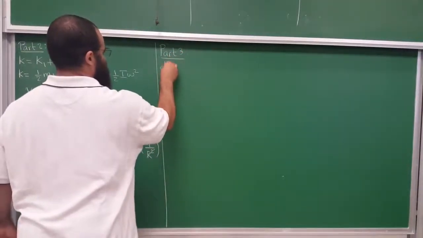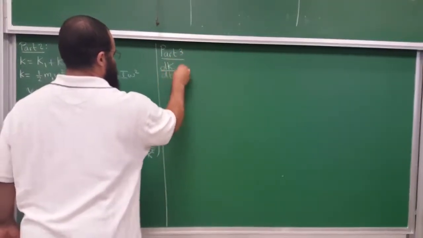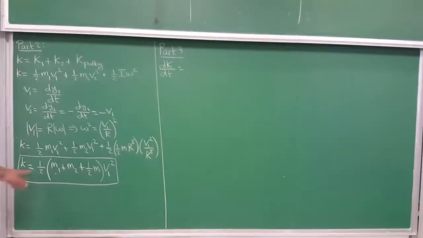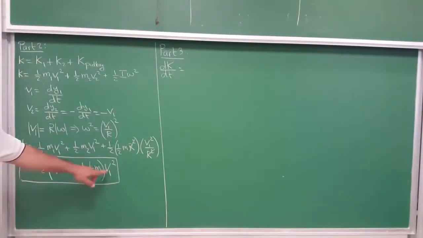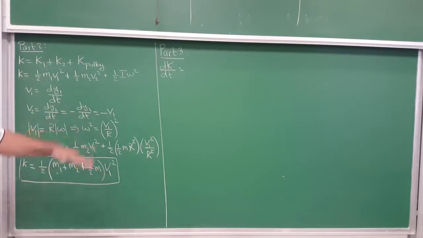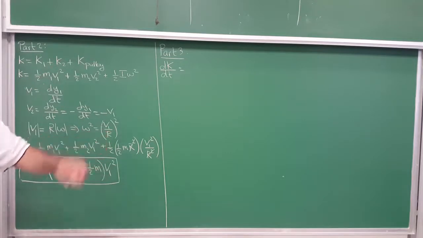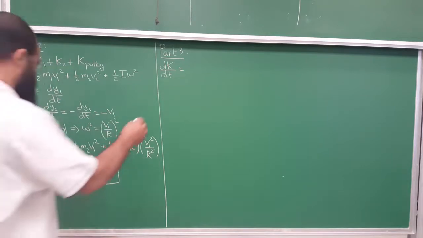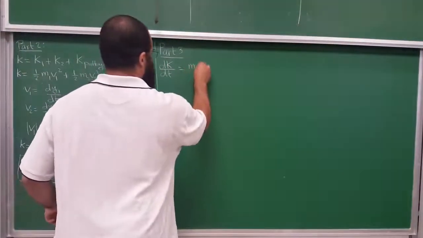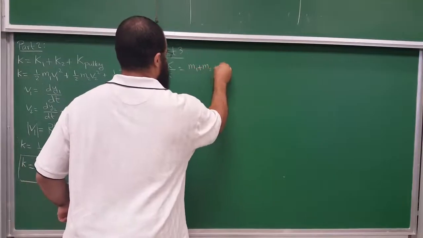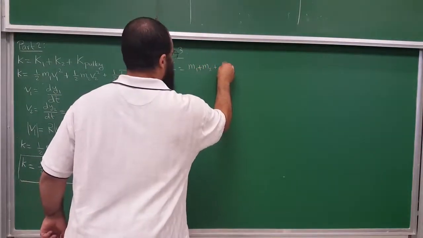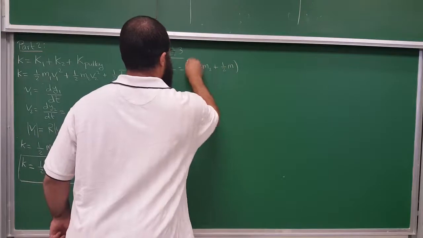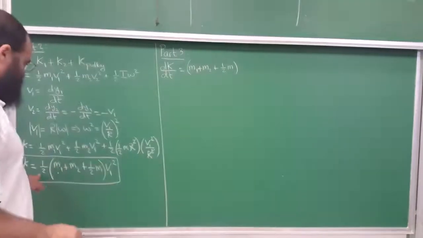Well, dK dt. Let's take the derivative of this. Constants. Only the v is changing because the v goes up and down, and so the derivative of v1 squared will be 2 v1 and then dv1 dt by the chain rule. So the 2 comes down, so all that remains is this. So I have m1 plus m2 plus 1/2 of little m, and again the 1/2 went away with this derivative.